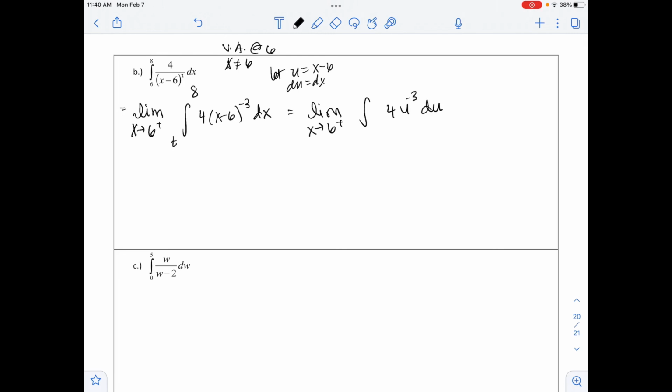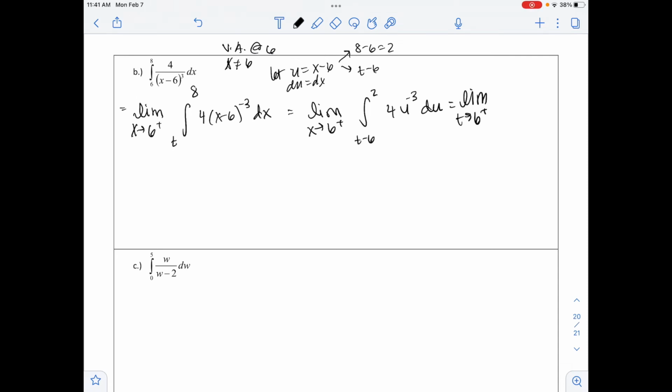Your lower limit and your upper limit of integration are going to change. So we're going to have 8 minus 6, which is 2, and then our lower limit is going to be t minus 6. So from t minus 6 to 2. So we can integrate this. Don't forget to write limit.